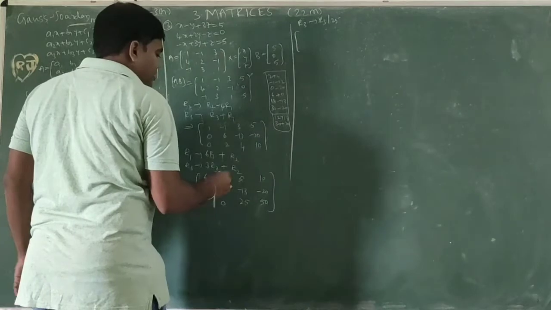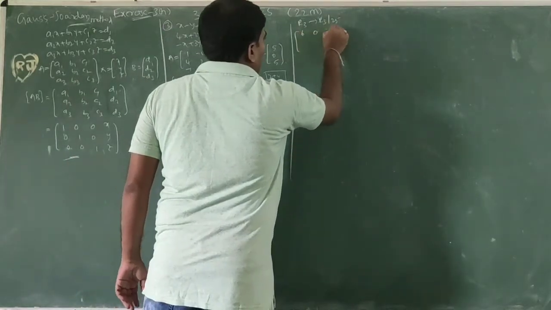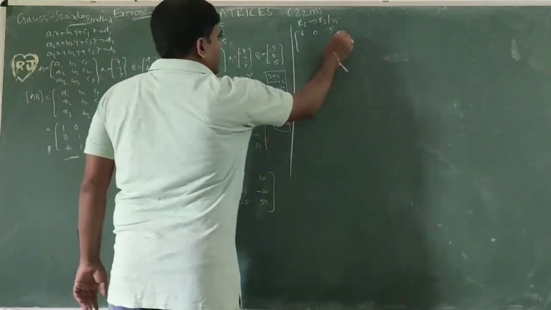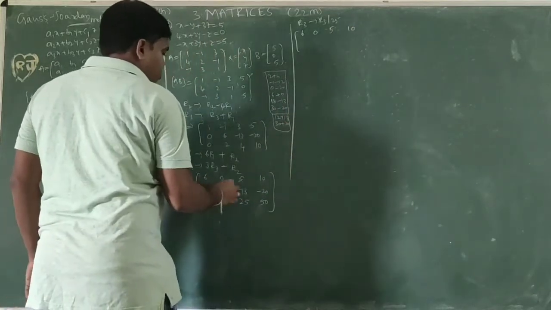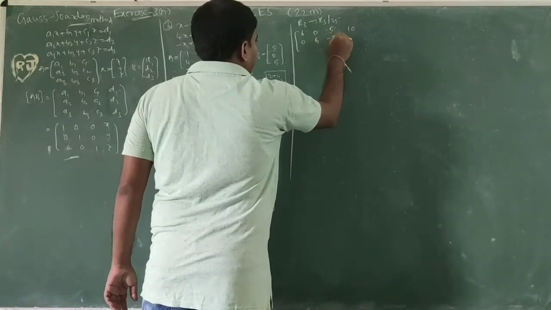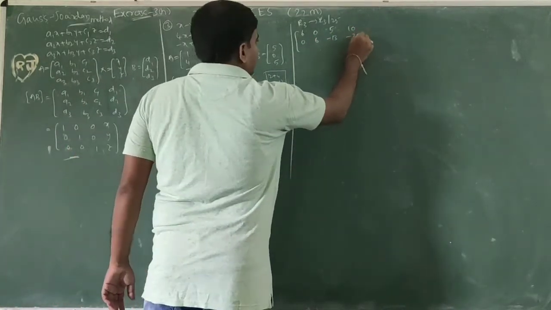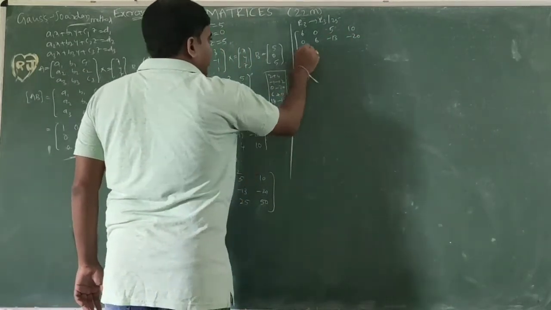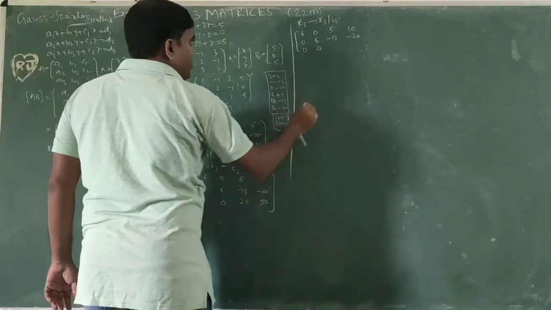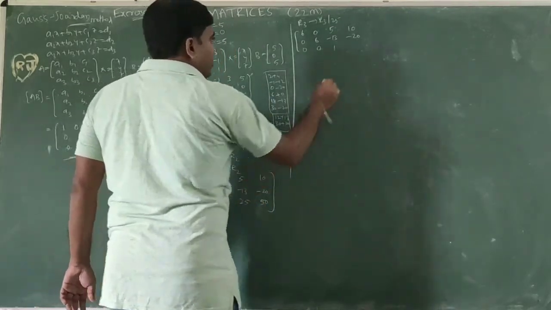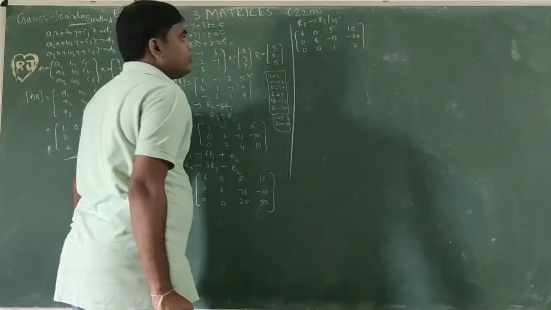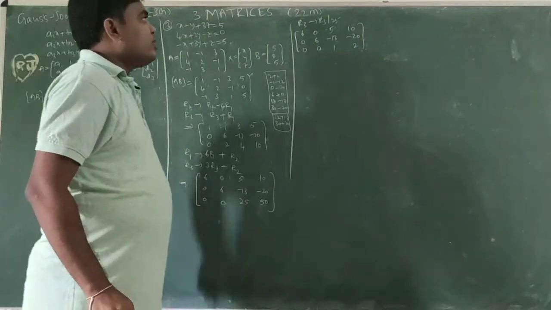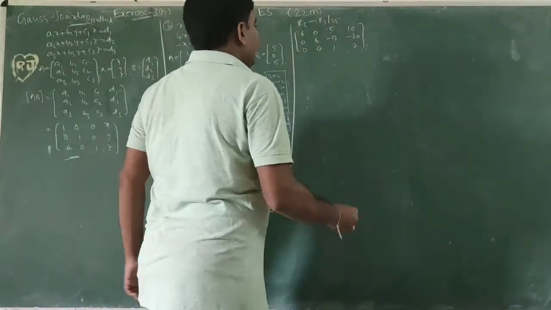First and second as they are: 6 0 5 10, 6 0 5 10, 0 6 minus 13 minus 20. Third row: 0 by 25 is 0, 0 by 25 is 0, 25 by 25 is 1, 50 by 25 is 2. Okay, next these two elements should be converted to 0.